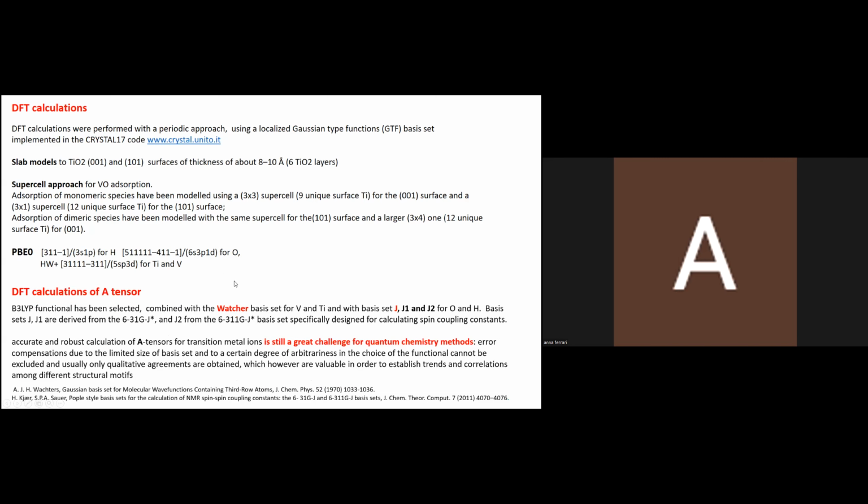The problem is the calculation of the A tensor, especially the Fermi contact part, which is very, very demanding, because we need a good description of the electron core, the s part of the electron density.